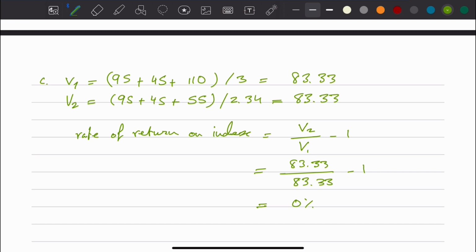So you can do it this way, or, as I said, you can just write that the rate of return is 0 because the value of the index has not changed between time 1 and time 2.